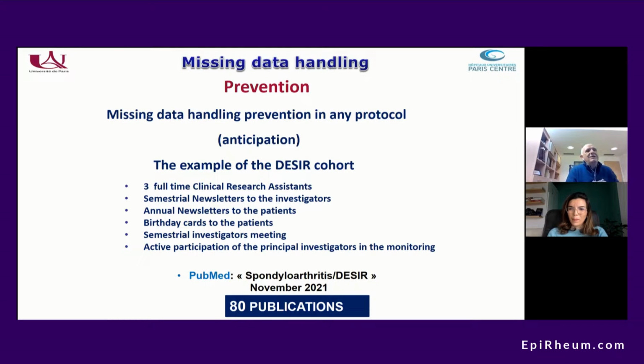I give you an example in the DESIR cohort, which is a French cohort on spondyloarthritis. Just to mention, we have 3 full-time clinical research assistants. We have a lot of contact with the investigators and the patients. However, if there is one item which is important, at least for me, based on my experience, it is the active participation of the principal investigator in the monitoring, not only in the writing of the protocol, not only in the submission of the protocol to the health authorities in order to get the financial support, not only in looking at the statistical analysis results and writing, but in between, that is, from when you get your financial support to run your study until you perform the statistical analysis.